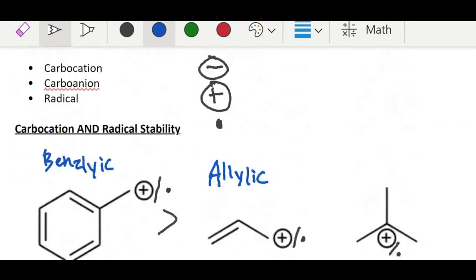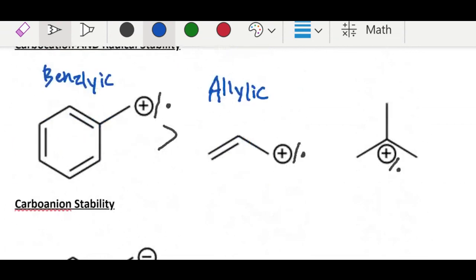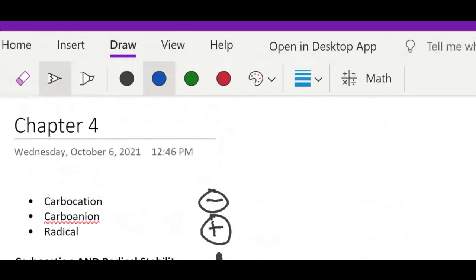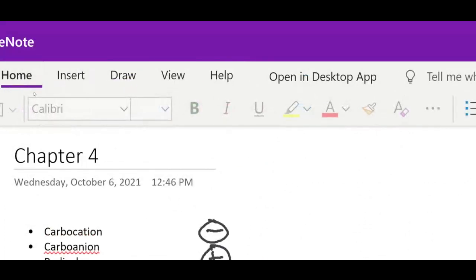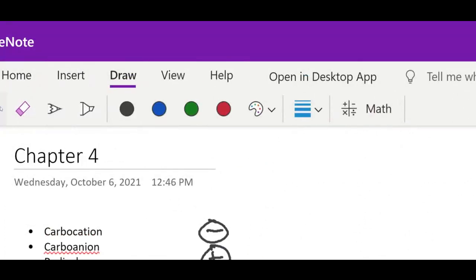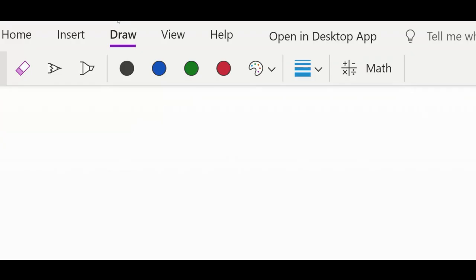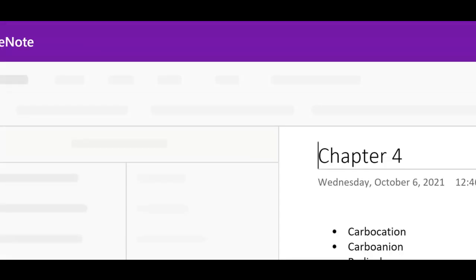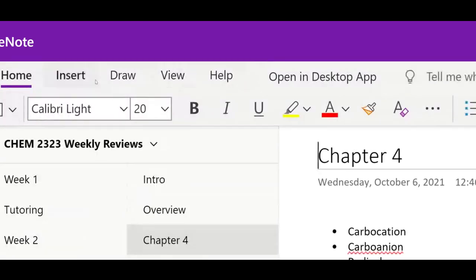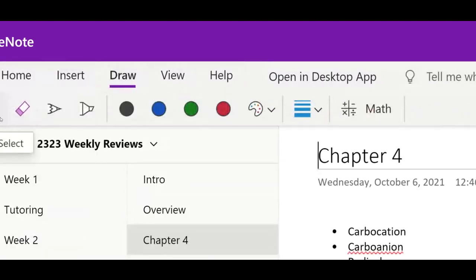this structure. Let me zoom out real quick. Let me undo. Draw. Select.